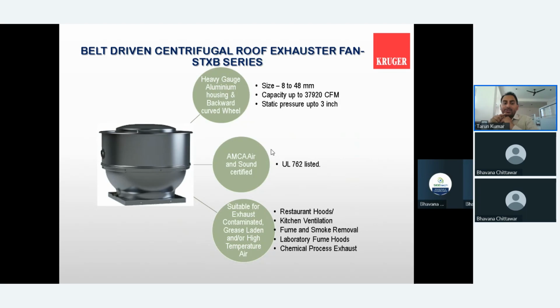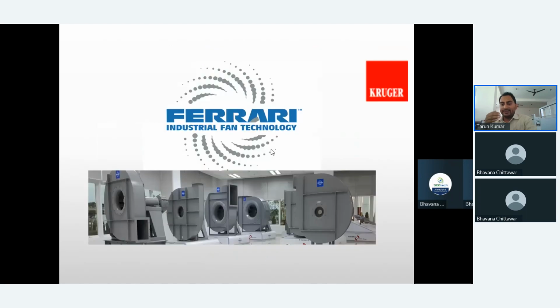It has a special feature where the motor is outside the airflow path. So in application, the roof extractor fan can now be used for kitchen ventilation as well as smoke exhaust, whereas earlier only the XL fan was available in the market. We have other segments in the roof extractor fan as well.